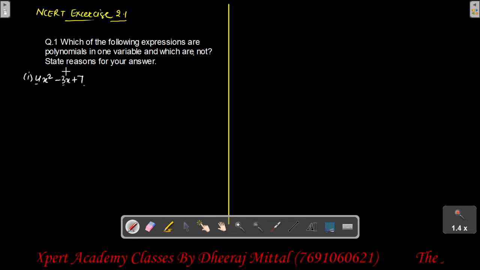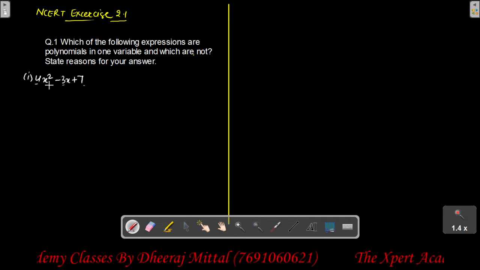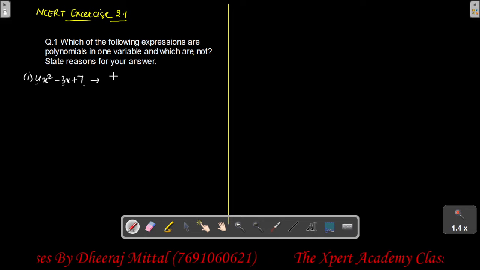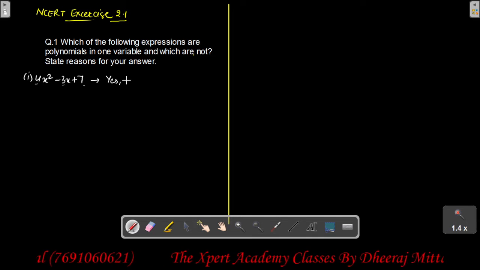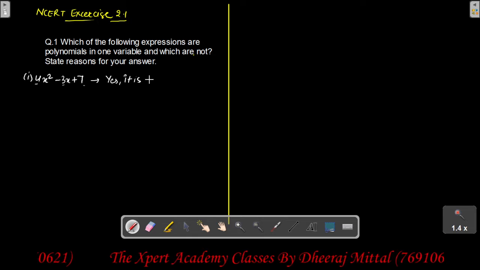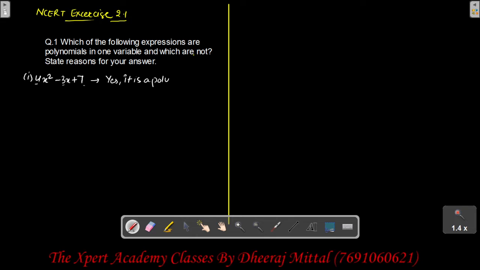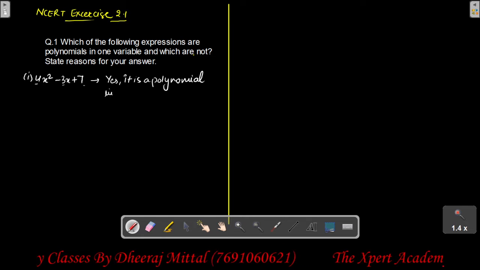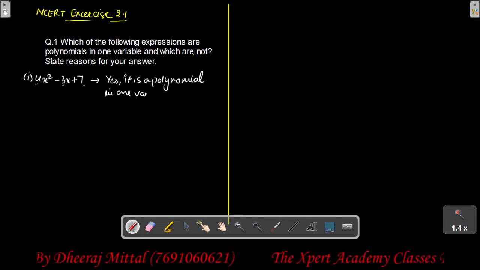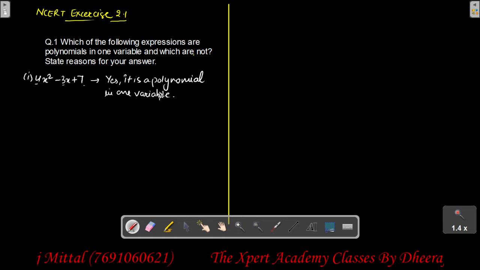So this is a polynomial and only one variable is used, that is x. So yes, it is a polynomial in one variable.